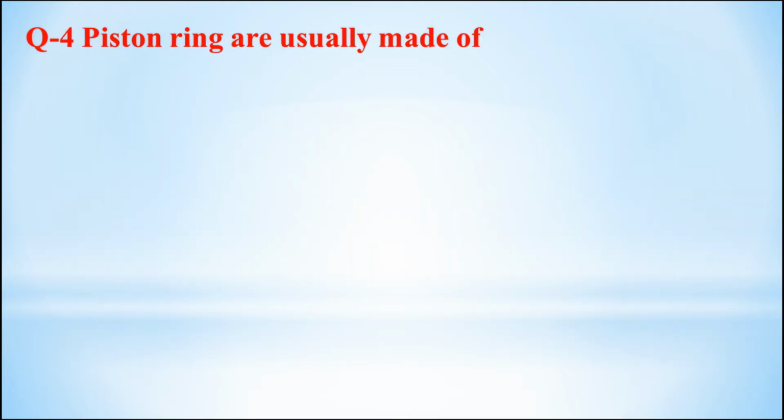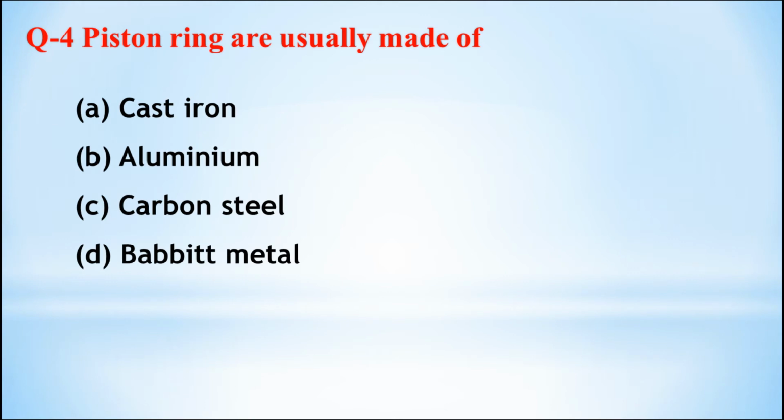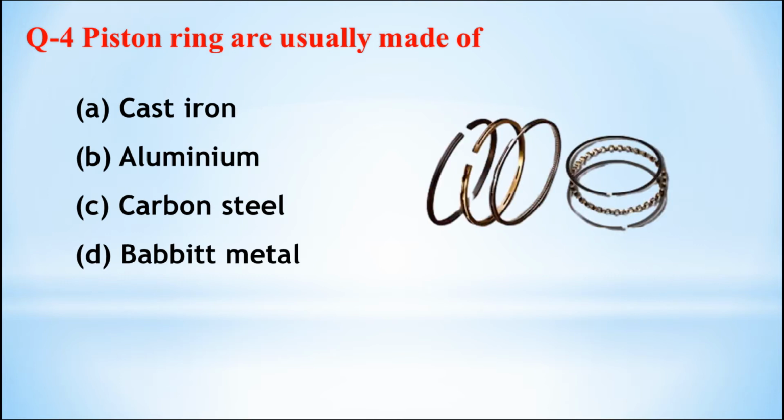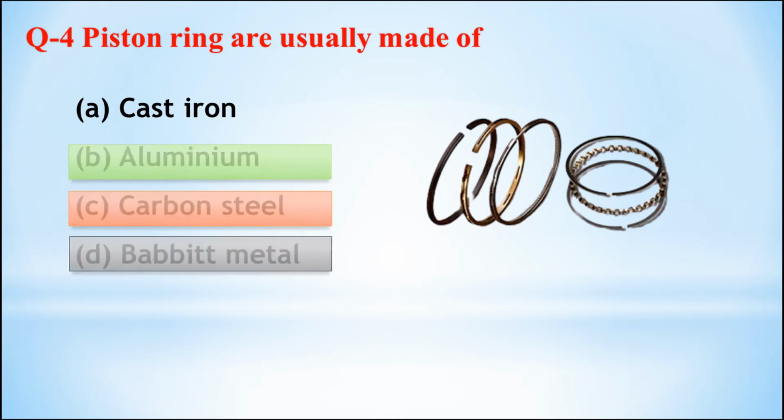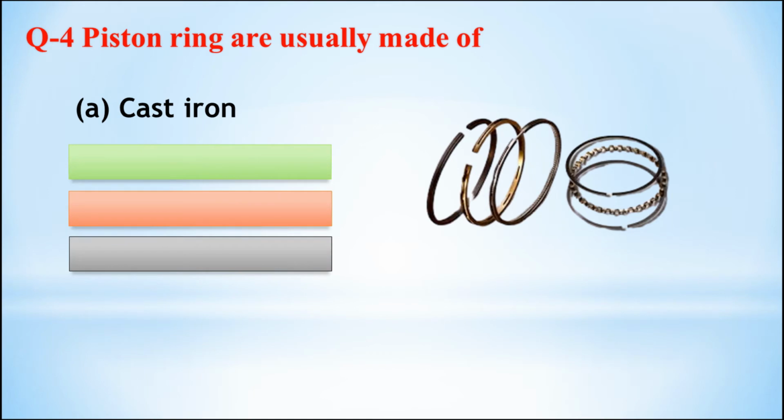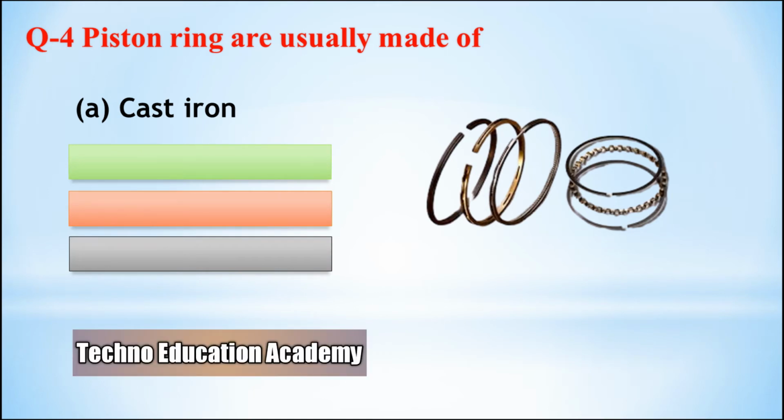Question number 4. Piston rings are usually made of: option A, cast iron; option B, aluminium; option C, carbon steel; option D, babbit metal. We know that cast iron is a wear resistant material, and we have already discussed that one of the functions of the piston ring is to reduce wear and tear. So we are using cast iron to make the piston rings.